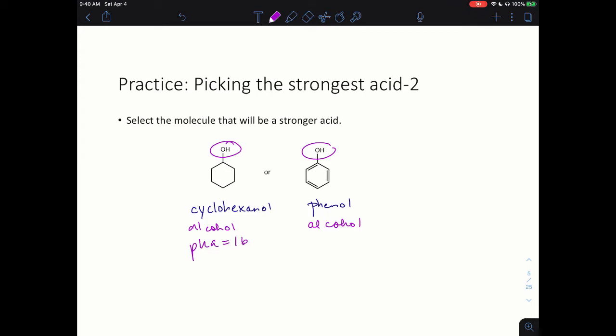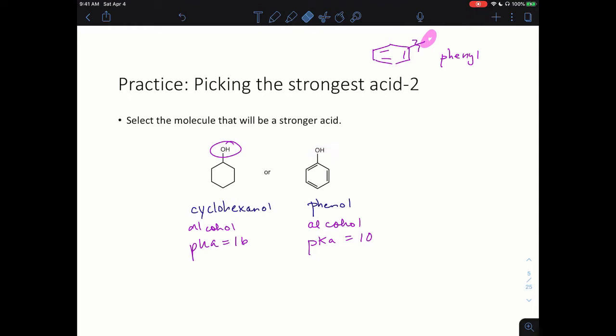Now, you might recall that I actually pointed out that the pKa of phenol, where you have this alcohol directly attached to what's called the phenyl ring. So this is called a phenyl ring. You have an alcohol directly attached to it right here. So this molecule has a special name. It's called phenol. It has a pKa of 10. So it's actually 1,000,000 times more acidic than cyclohexanol.